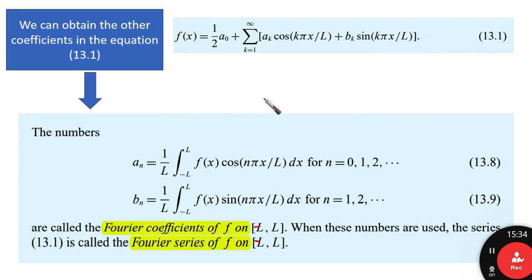Now let's jump to the next coefficient, which is an. That is the coefficient, or the number, that is going to be multiplying the cosine function.